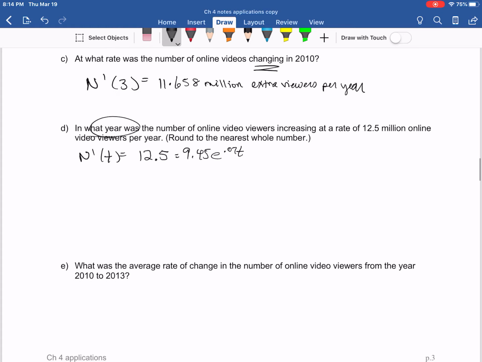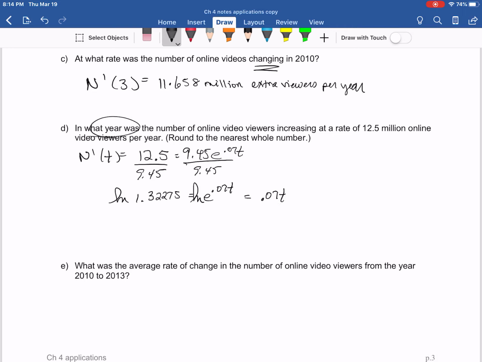Solve for t. So what are we going to do first? I guess we're going to divide both sides by 9.45. And that gives you 1.32275. So that's equal to e to the 0.07t. I want to try to solve for t. It's in the exponent right now. We get it out of the exponent by taking the natural log of both sides. Now this is going to be equal to just 0.07t.